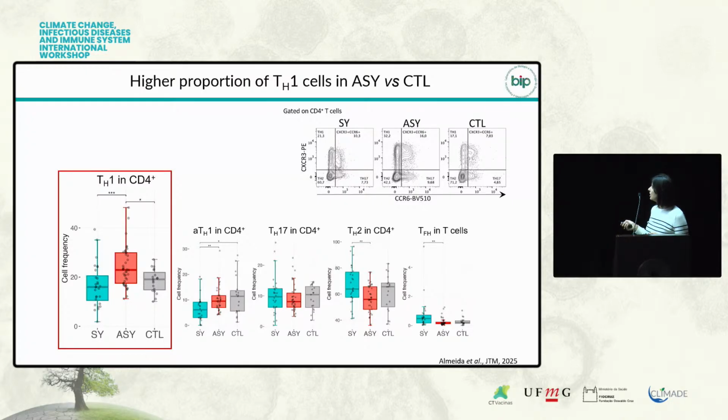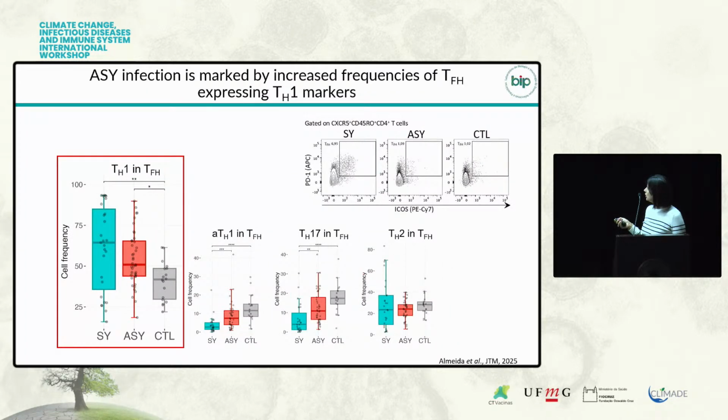And we looked at the other TH subsets, and although no difference was found in the T follicular helper cells, when we look at the TH1 subset of this population, we see that both symptomatic and asymptomatic had higher frequency of these cells compared to control.